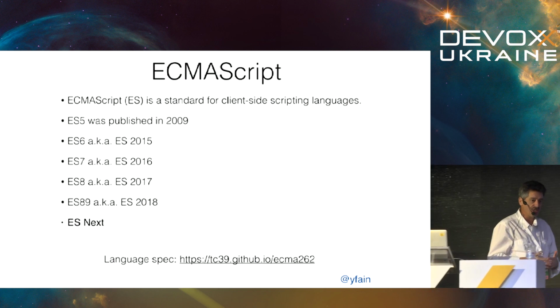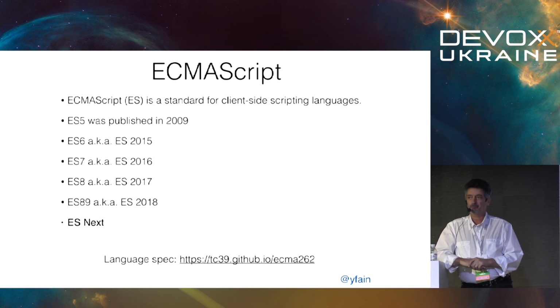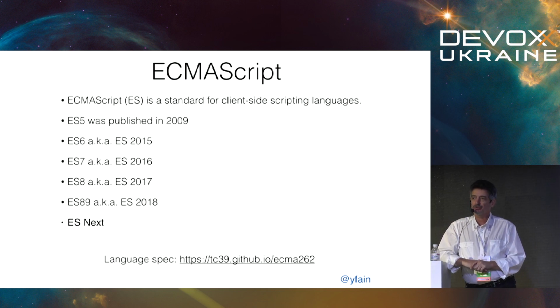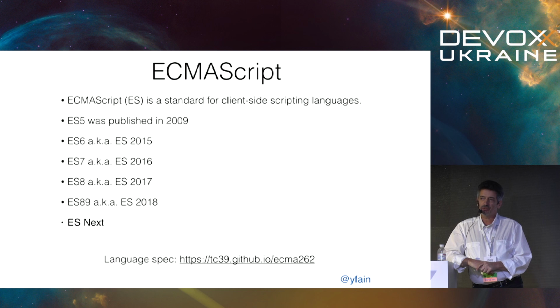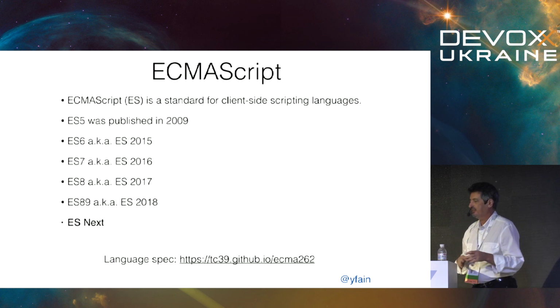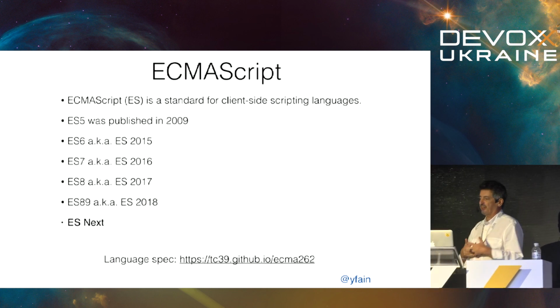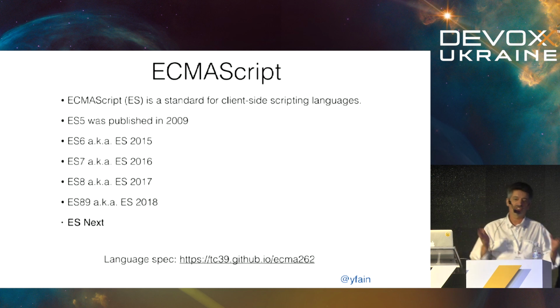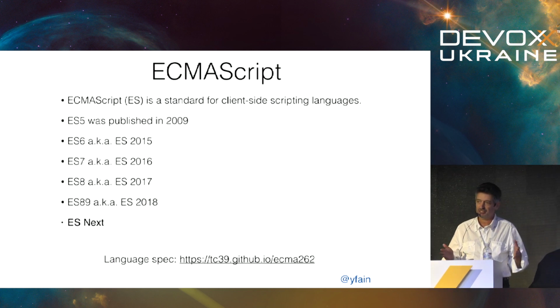But things are changing. How do they change? JavaScript was created within 10 days in 1995. And then it was evolving for some time, and then it was not for many years.